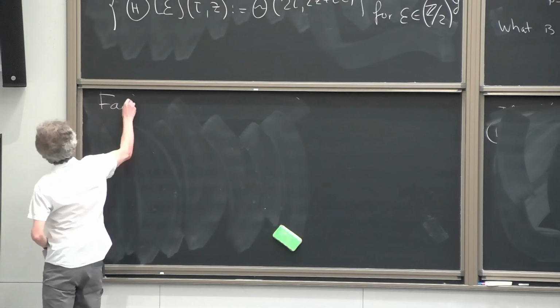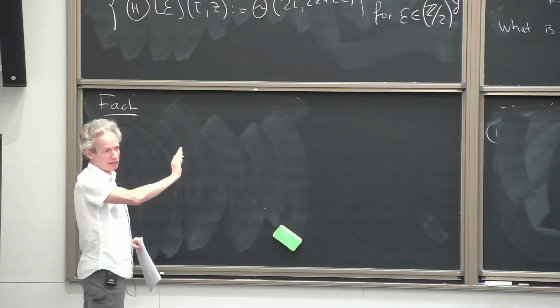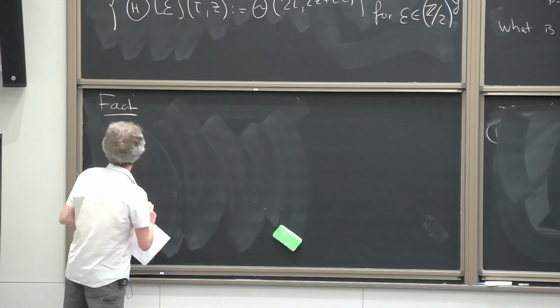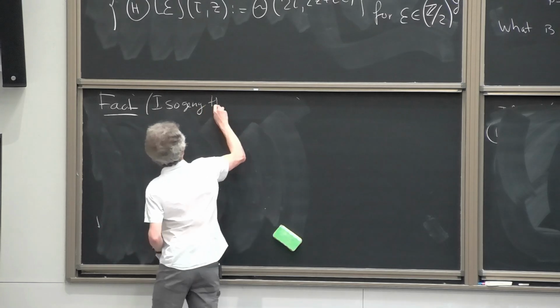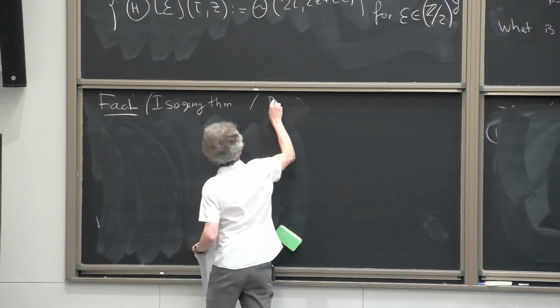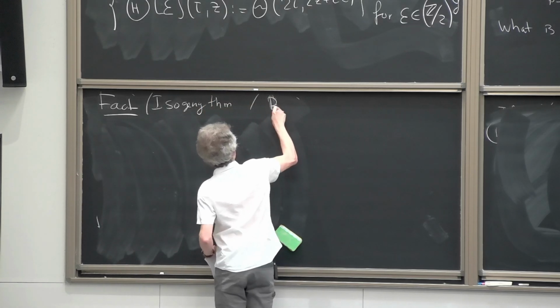Next fact, if this was the only thing I was not covering in the course, I'd be doing very well. This is called the isogeny theorem, but the specific case I'm doing is called Riemann's bilinear relations.